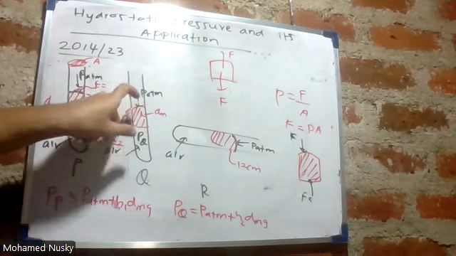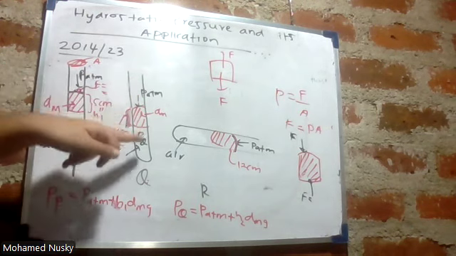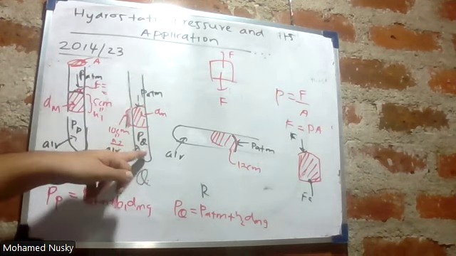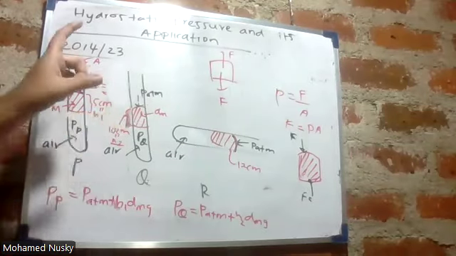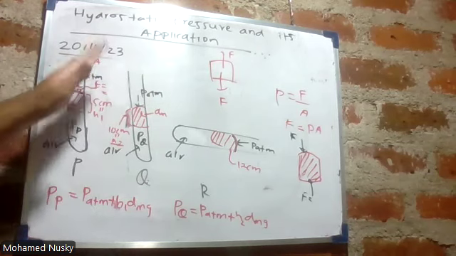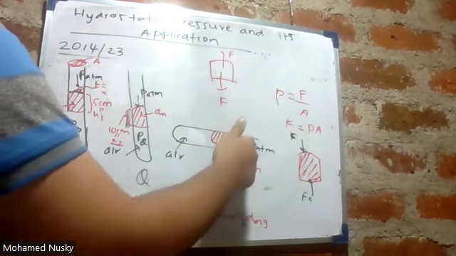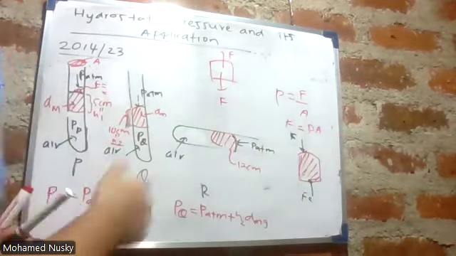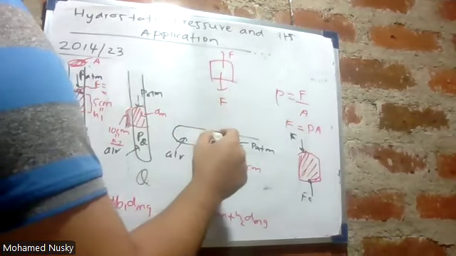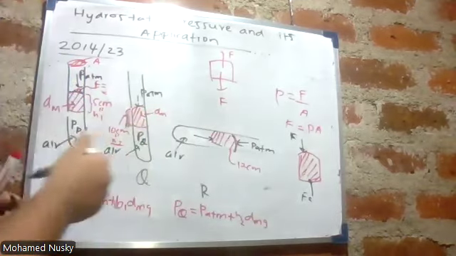That is the same thing here. Due to atmospheric pressure, there will be a force. That force is equal to the force exerted by the air inside the tube Q. That force and this force will be equal, opposite in direction, and in the same line of action. Therefore, this will be in equilibrium. But here you see, due to the atmosphere, there will be a force in the backward direction, or the left side direction, and due to the air, there will be a force in the forward direction.